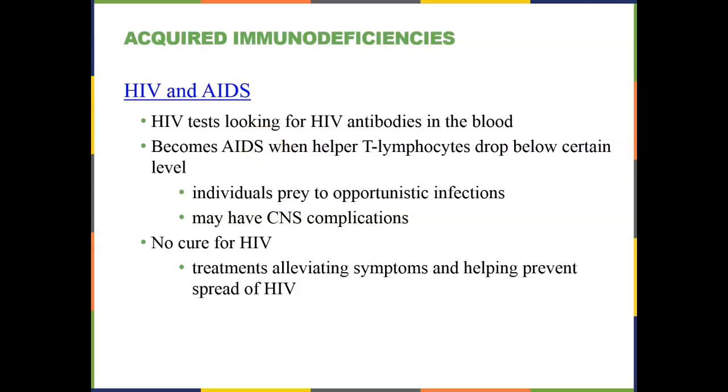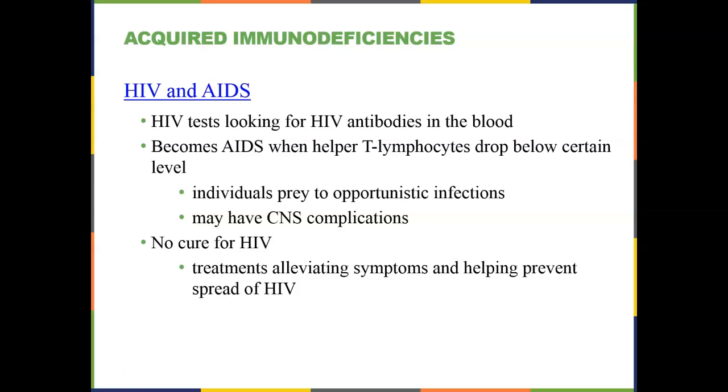HIV tests that are done are looking for antibodies to HIV. The problem with HIV is that it's a virus, and viruses mutate so rapidly that we're going to produce lots of different antibodies to our HIV, and sometimes you will start treating HIV with one antiviral, and the virus mutates and it no longer is effective.